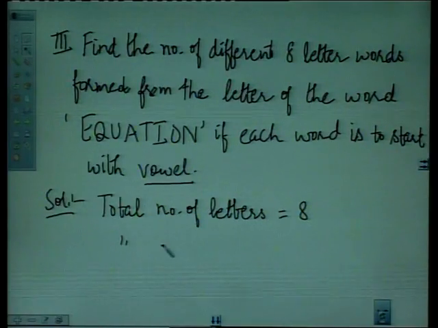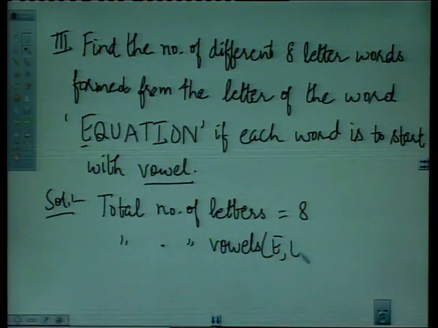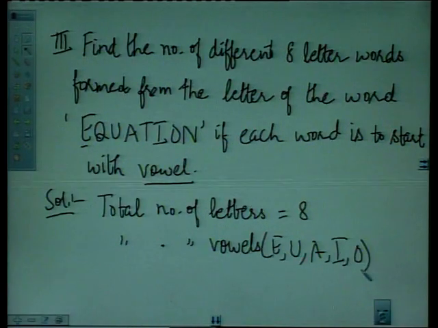Total number of vowels, we know there are 5 vowels: A, E, I, O, U. In the word equation we have the vowels E, then U, then A, then I, and then O. We count all the vowels, number of vowels is 5.